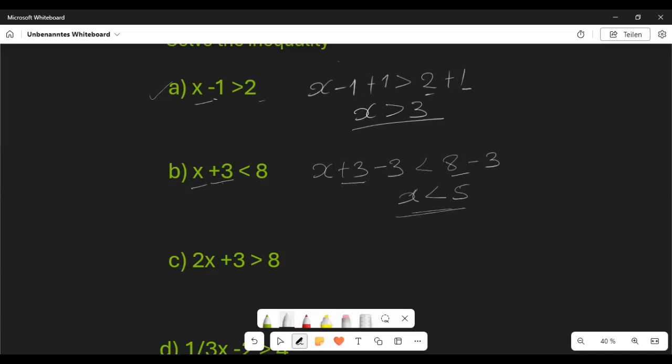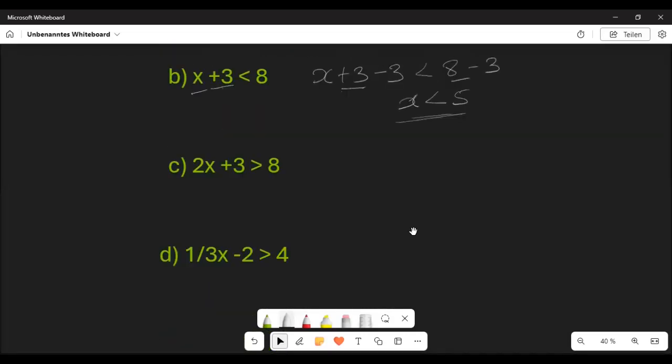How about C? Let's look at C. In C, we have 2x plus 3 is greater than 8. Again, we have plus 3. If it crosses to the other side, it should be negative 3.